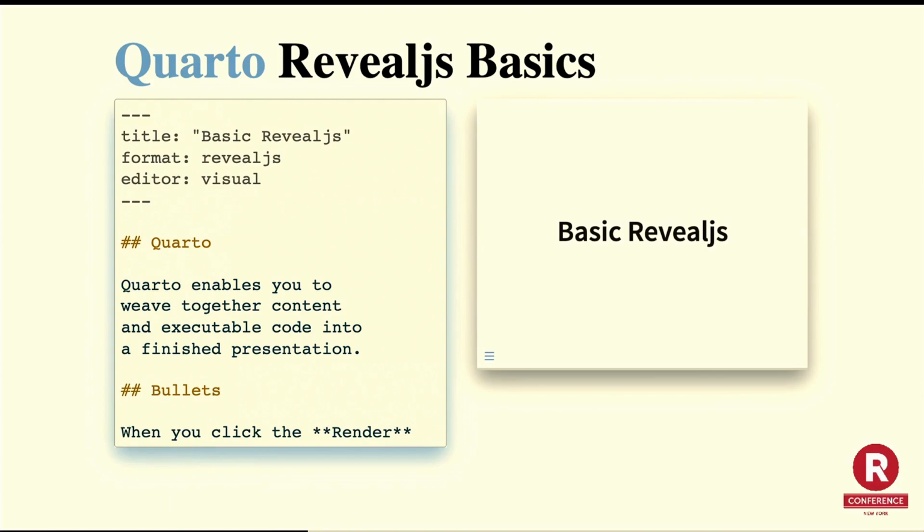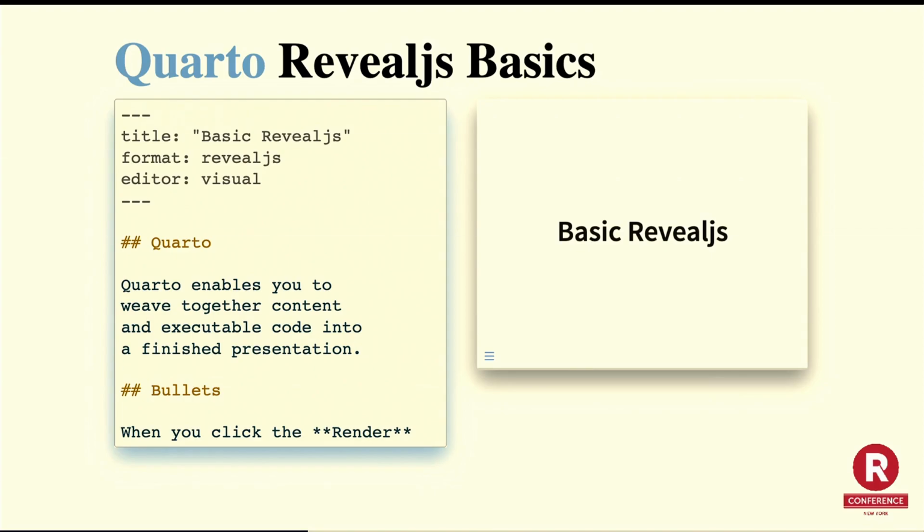It looks like how we have up here. On the left, we have a Quarto document, which is a glorified Markdown document. We have YAML at the top with some information, and then we use headers to differentiate the slides. A level 2 header, which is 2 hashes, is a new slide. A level 1 is a section, so I tend to use the 2.